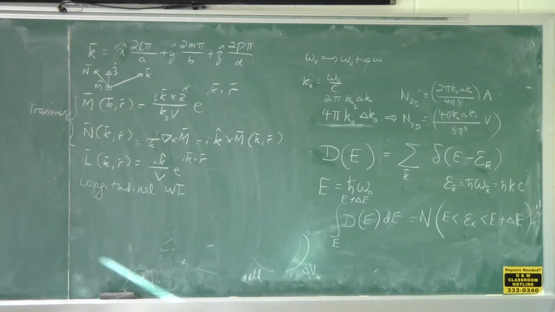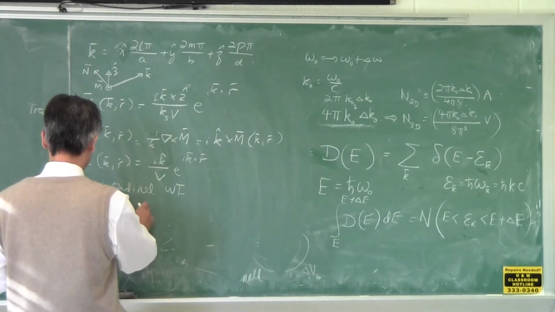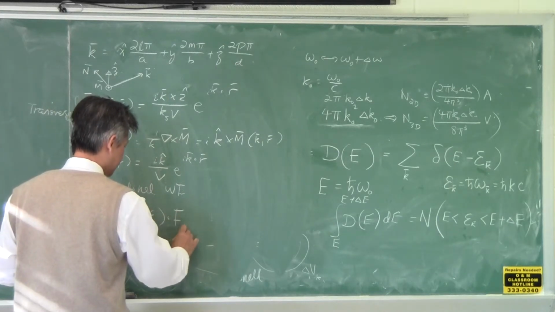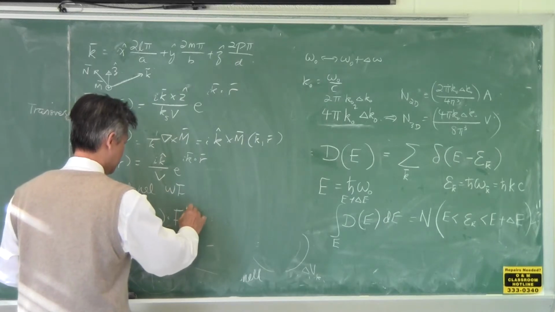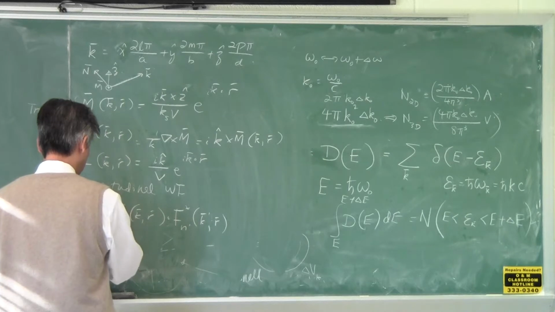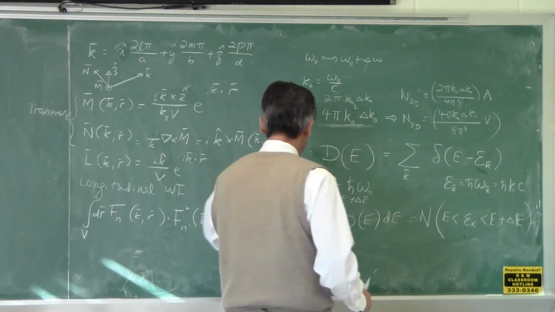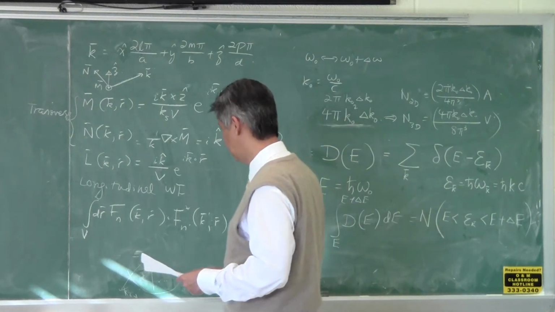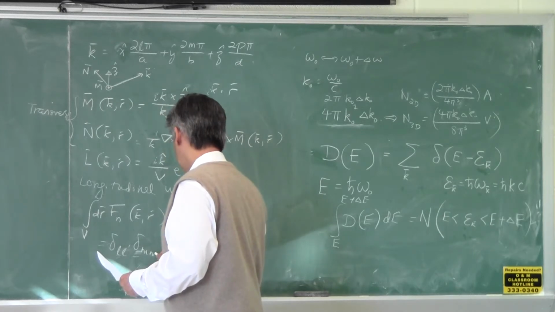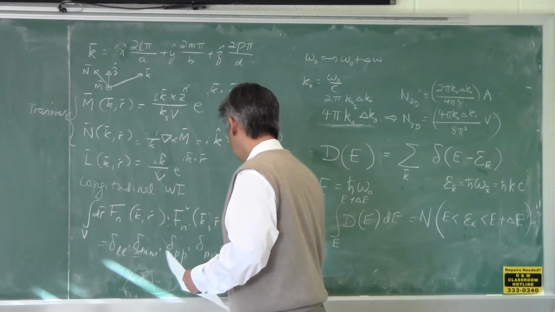And we have this normalization property so that if you multiply 2 of them together and integrate, you get this orthonormality property: delta L, L prime, delta M, M prime, delta P, P prime, and furthermore delta N, N prime.